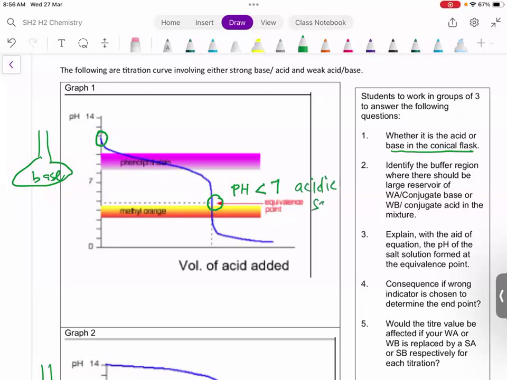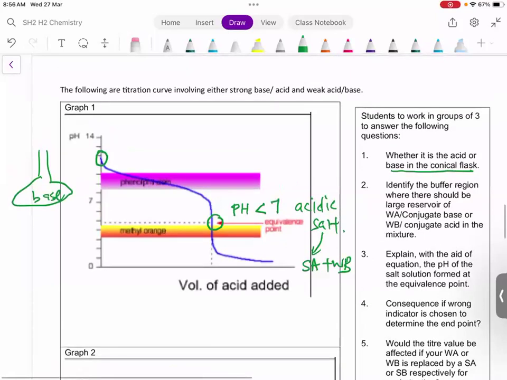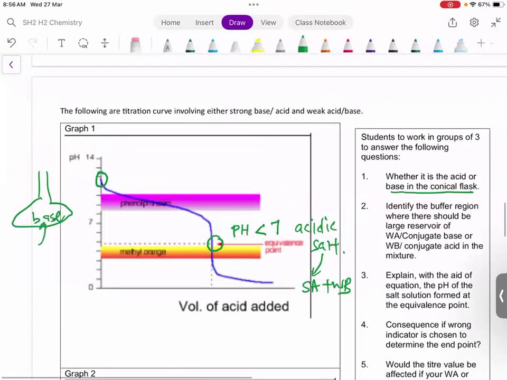If it's an acidic salt, then it must come from a strong acid and weak base. So this is your weak base in the conical flask, and your strong acid is added from the burette. This is how we conclude. Without the initial concentration, I can still use the pH value at the equivalence point to deduce the strength.